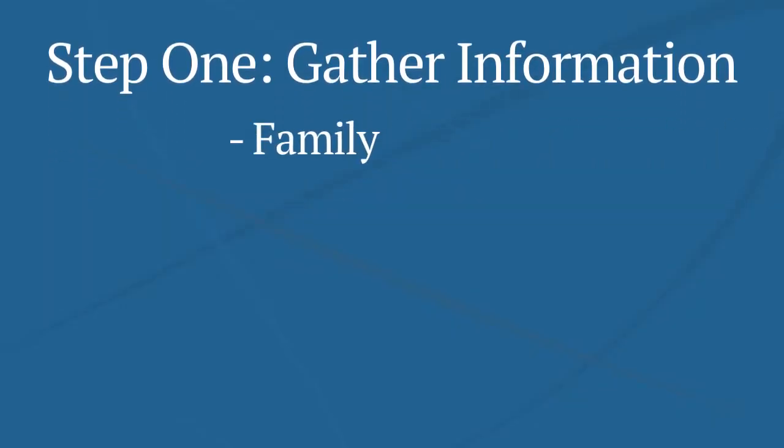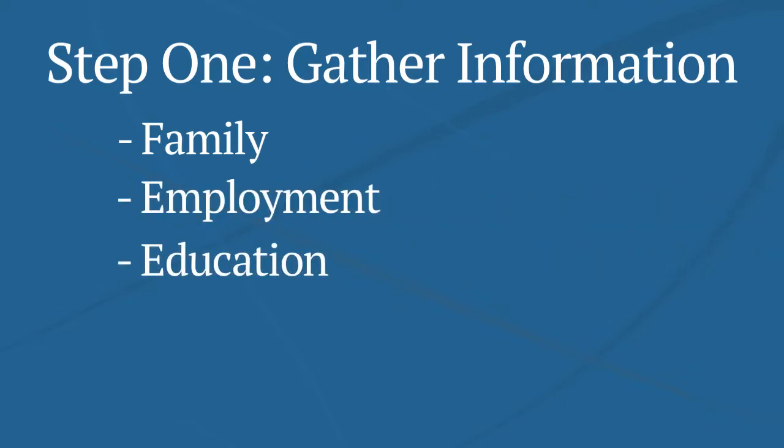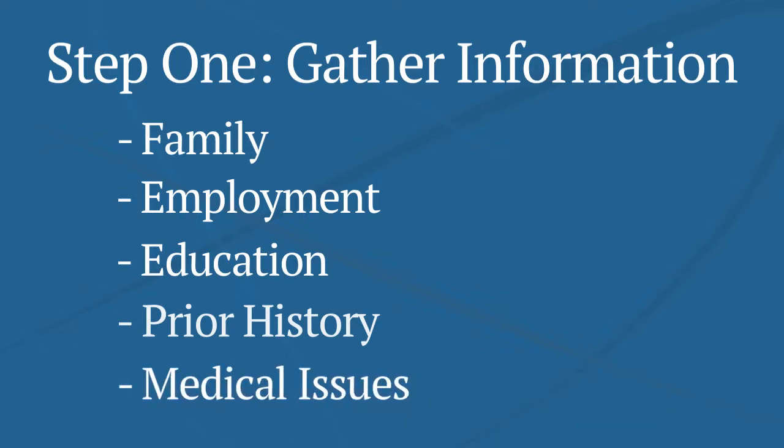Some of the things we're going to try to get from you include information about your family, your employment, your education, and if you've had any kind of prior history, information about that. And then in some cases we also may need information about medical issues, especially any mental health treatment or counseling you may have gone to. Those sometimes can become important later when it comes time to actually reaching a resolution of your case.